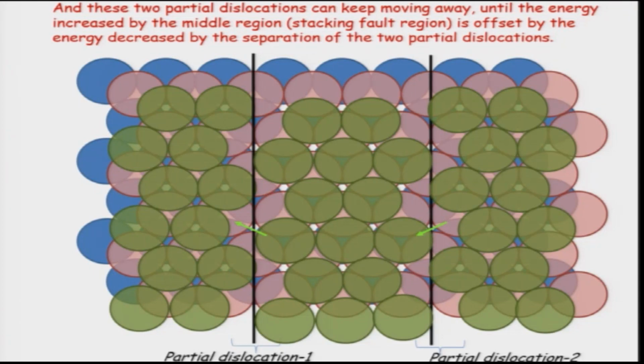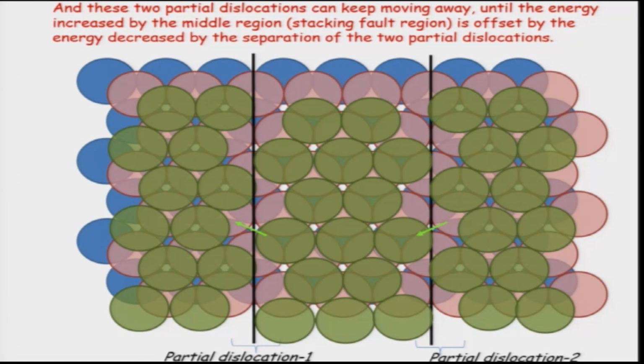So, this stacking fault region is a 2D defect along with the line defects that you see, two line defects over here. A 2D defect is being created in between, which is called a stacking fault region, and there will be some energy associated with it.